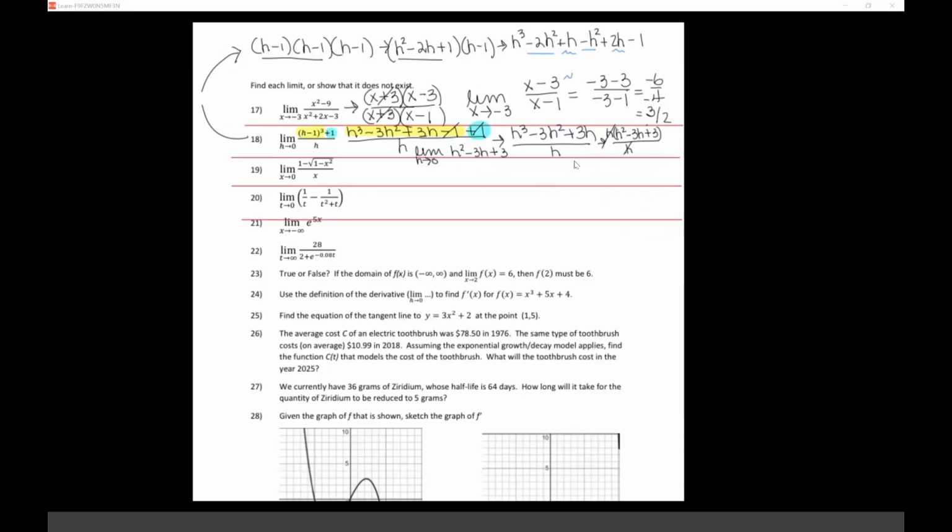What do you think, guys? Why is it not defined? What is undefined about this expression?